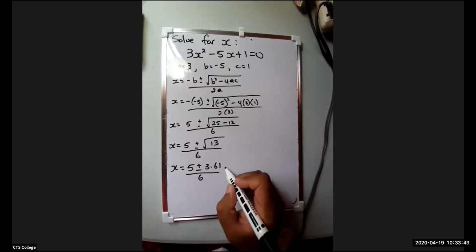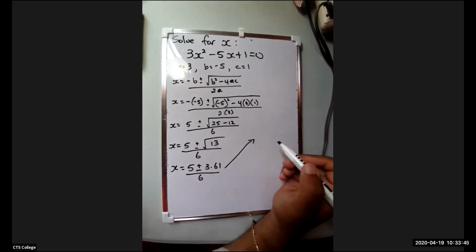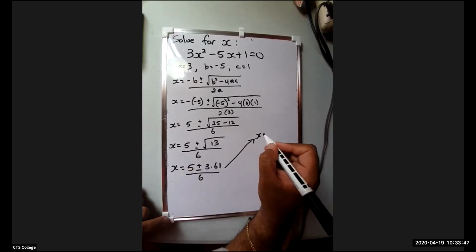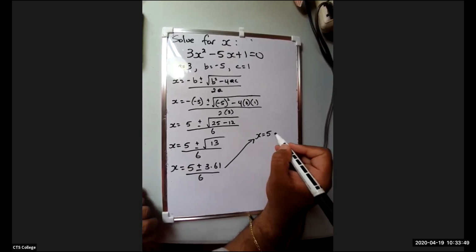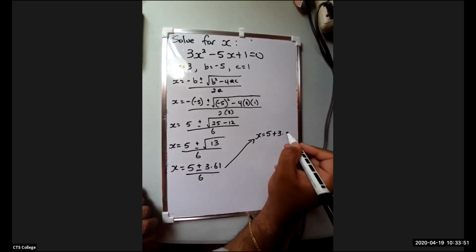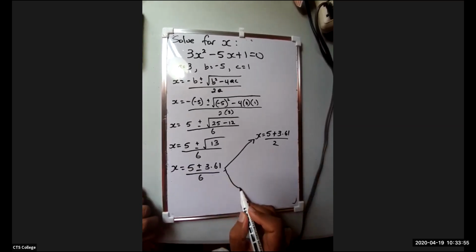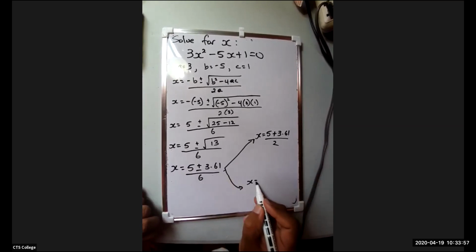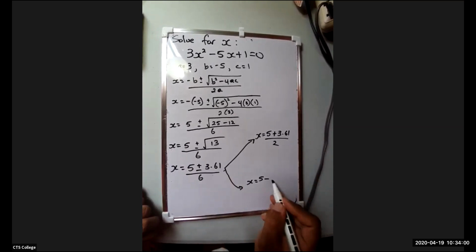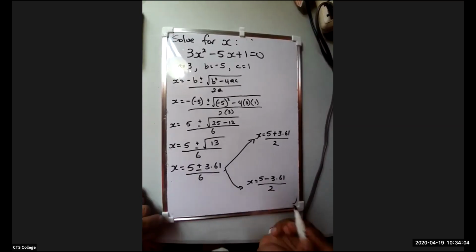And now this is where we split it up. So one will be x is equal to 5 plus 3.61 all over 2. And the other one will be x is equal to 5 minus 3.61 all over 2.